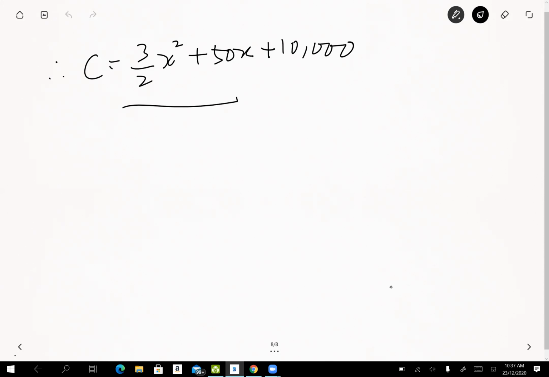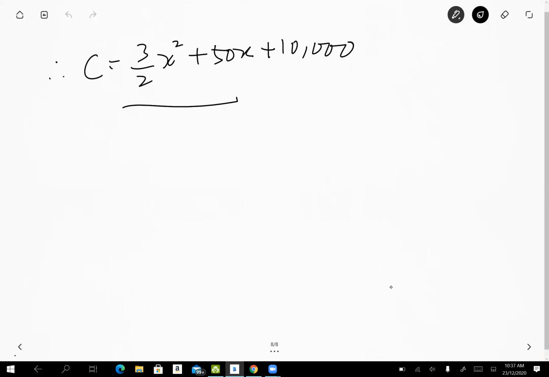Example number 2, I think we can do that also for this example.